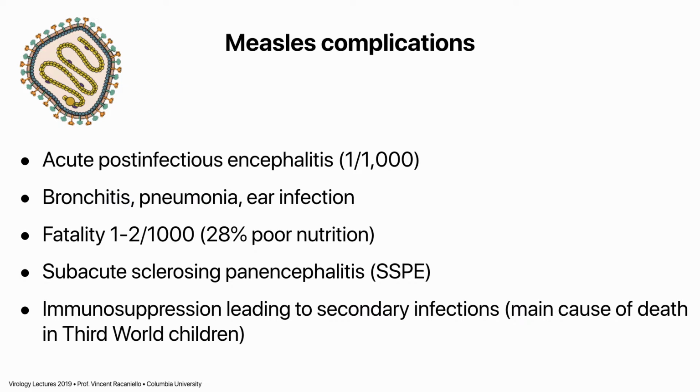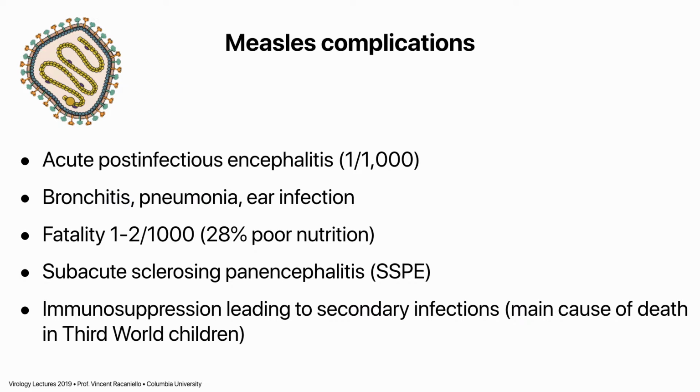Bronchitis, pneumonia, ear infections. The fatality is 1 or 2 in 1,000, but as I said last time, in countries with poor nutrition it can be up to 30% mortality after measles infection. A long-term consequence, which we'll talk about next time, is a disease called subacute sclerosing panencephalitis.